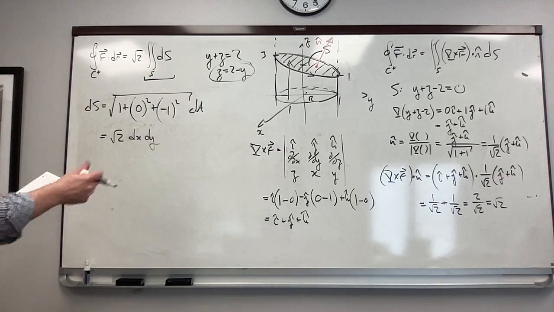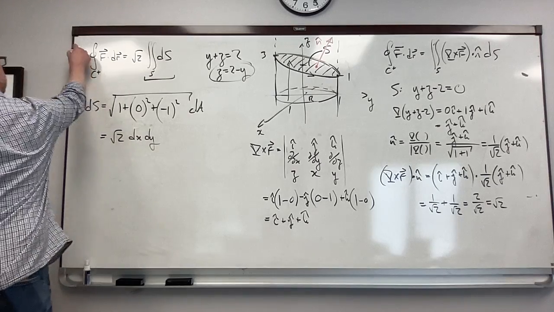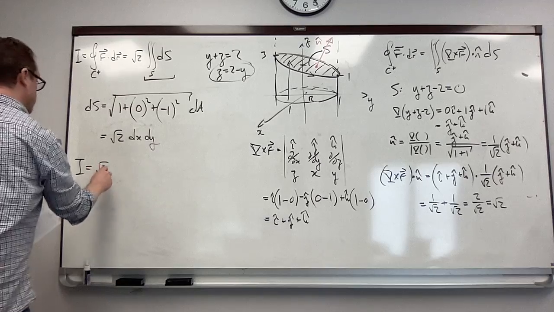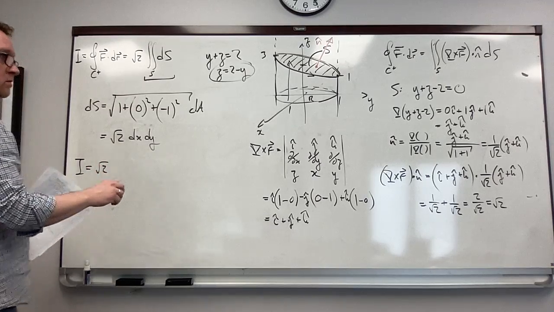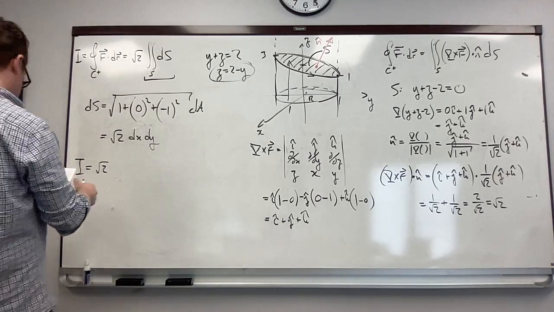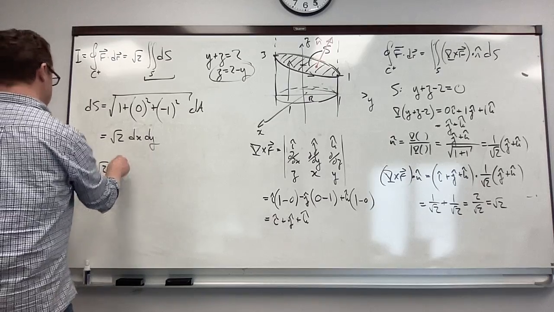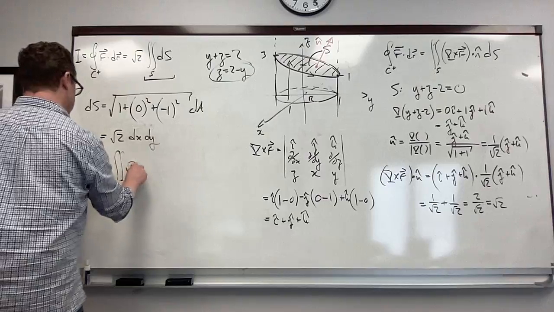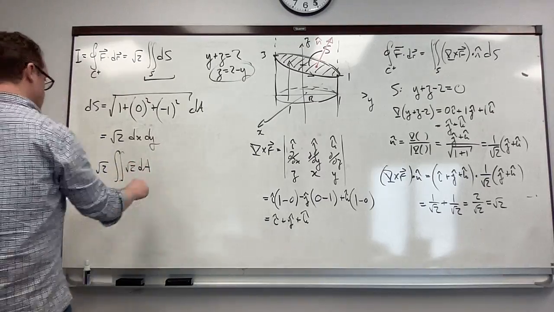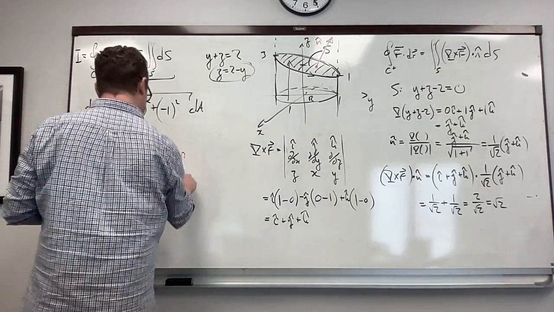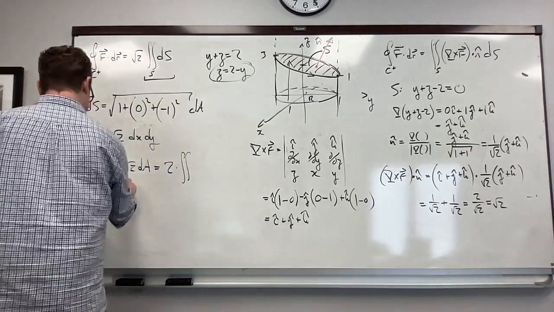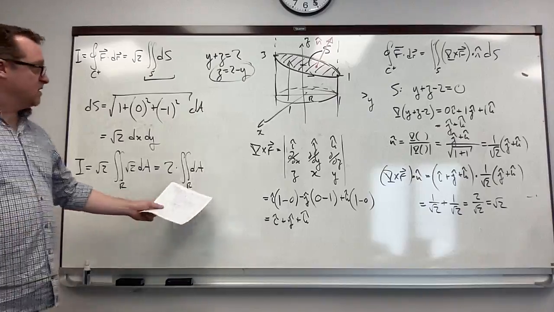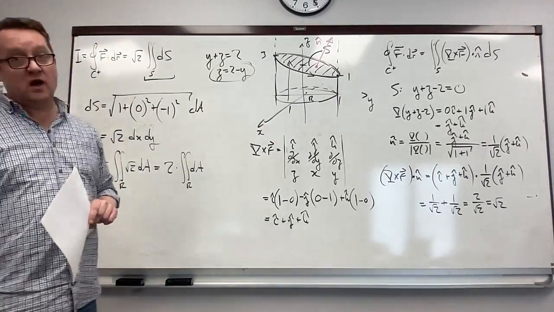Okay. Now, if this is just I, so I equals square root 2 times, well, I'll leave this as dA for a second. So this becomes square root 2 times the area of R. Well, the area of R we do know, right?